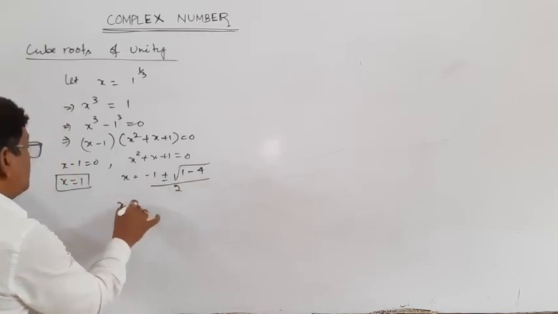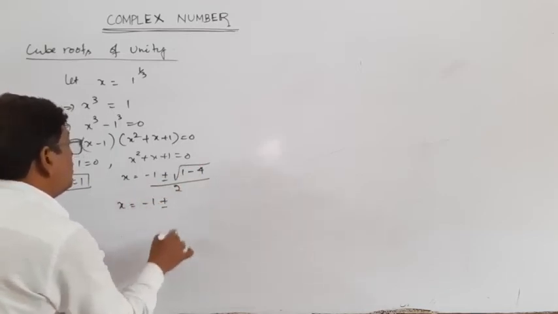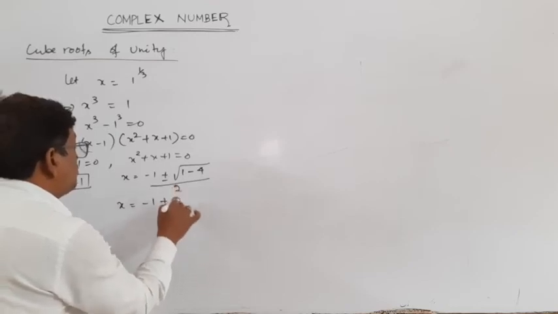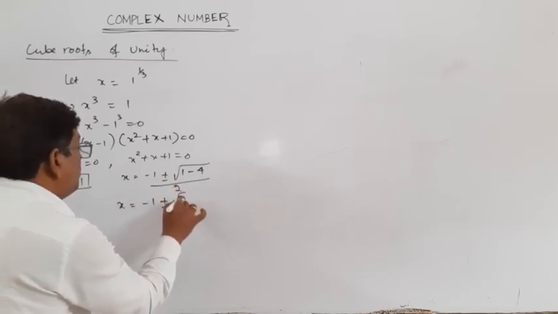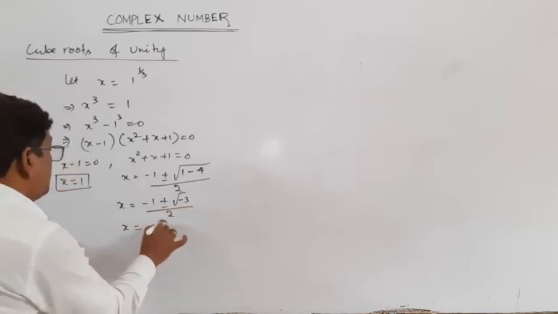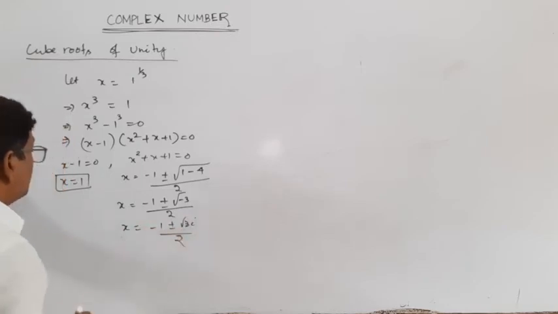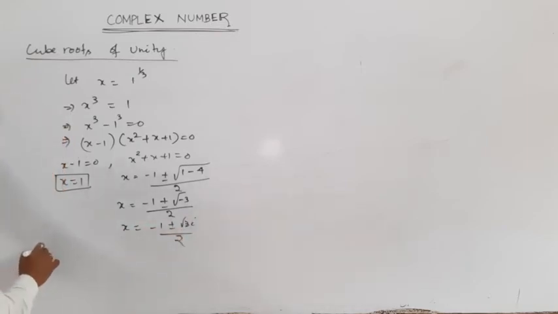So x is equal to what? Minus 1 plus or minus, this is minus root 3 by 2, or x is equal to minus 1 plus or minus root 3 i by 2. These are the three cube roots.